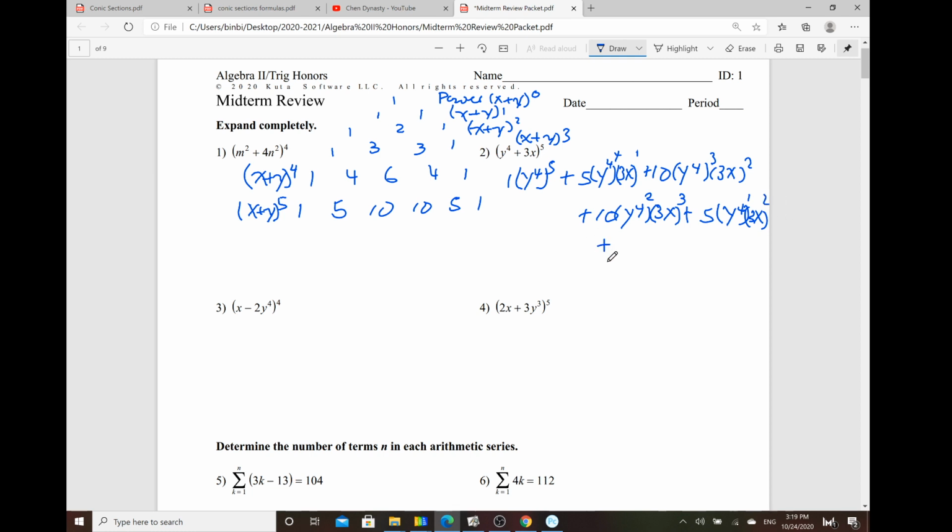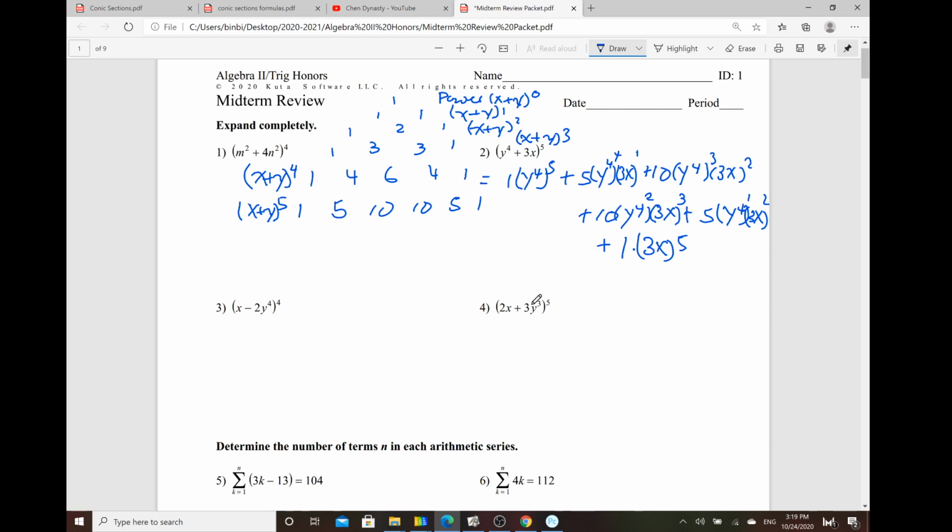And then for the last term, obviously, it's going to be 1 times 3x quantity to the power of 5. So that's the binomial expansion. And then the rest of this, you want to multiply it out. So y to the power of 4 to the power of 5 is y to the power of 20. And then the rest of this, simplify it.